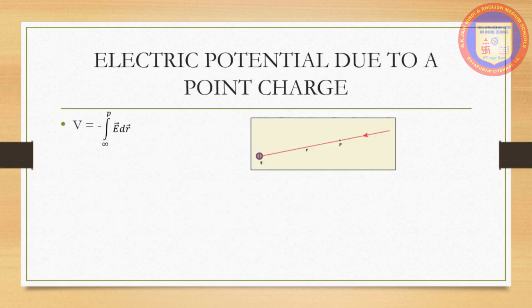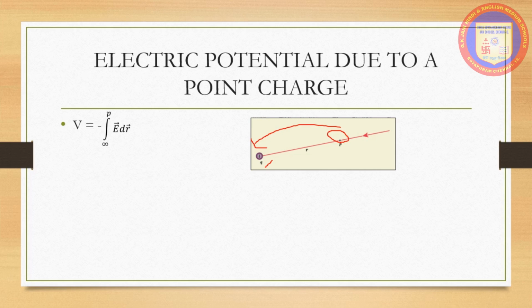Consider a positive charge Q kept fixed at the origin. Let P be a point at a distance r from the charge Q. The electric potential at a point P is V equal to minus integral infinity to r E dot dr vector.